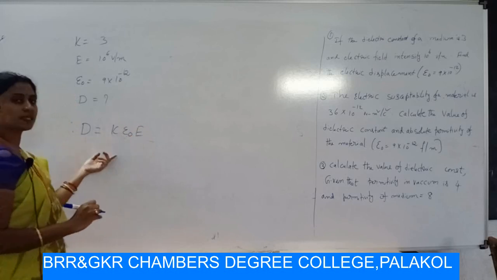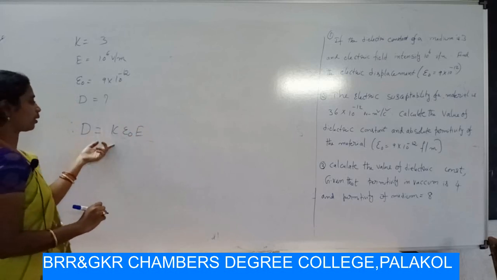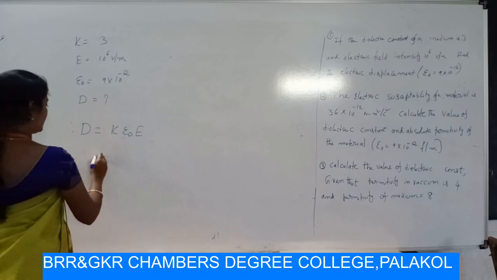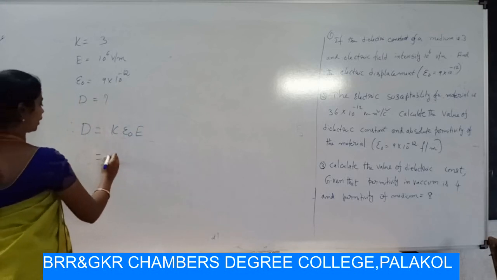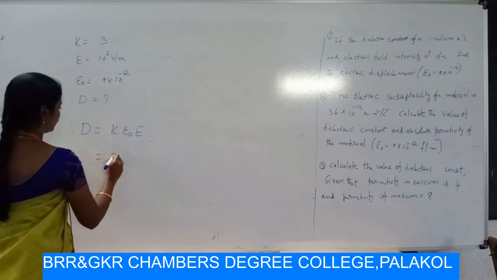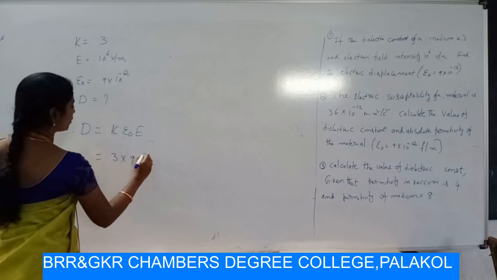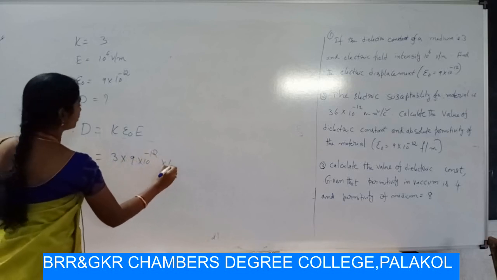Here K is the dielectric constant, epsilon naught and E are also given in the problem. Substituting these three values, we have D equal to K value as 3, epsilon naught value as 9 into 10 to the power of minus 12, and E value as 10 power 6.